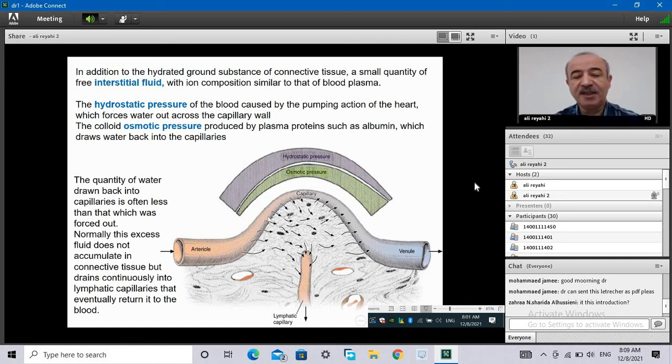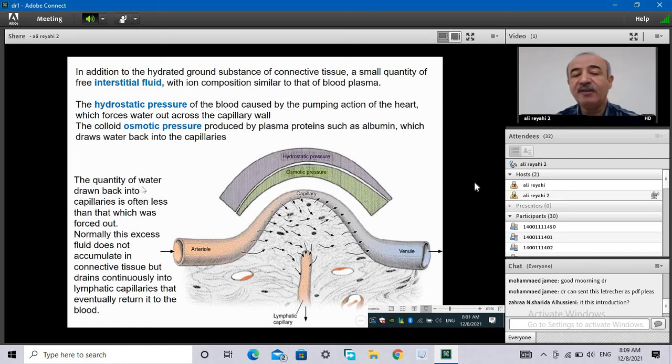So from the arterial end, the water of the plasma can exit from the vessel to the tissue, and at the other end the water can come back to the venule by osmotic pressure, okay?